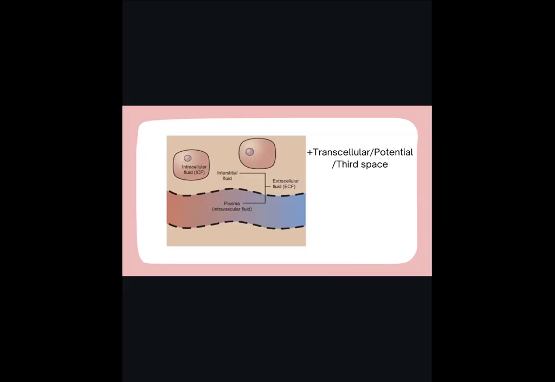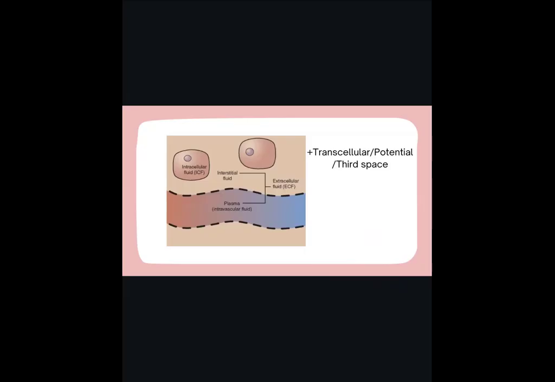And hydrostatic is push. If you are dropping a fluid, it'll spread out, so it's kind of that pushing effect of gravity. Sodium is the most abundant extracellular electrolyte, and potassium is the most abundant intracellular electrolyte.